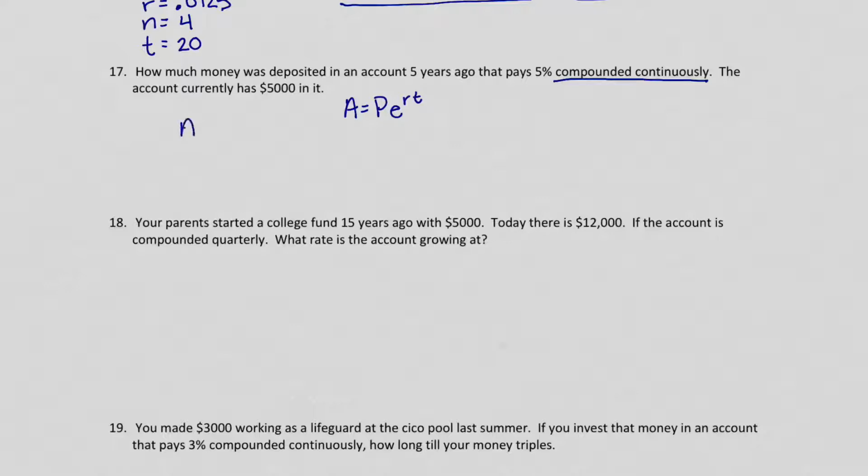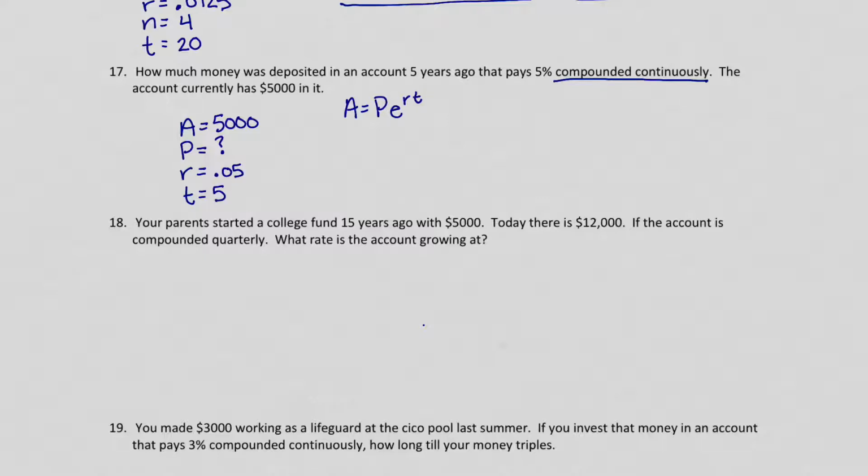I have the variables A, P, R, and T. A is the amount in it after however many years. It tells us currently, which is now, after so many years, it has 5,000. P is the initial amount, and this says, how much was deposited? Well, we don't know that, so that's what we're finding. The rate is 5%. We need to move the decimal 2 places to the left to get it as a decimal. And our time is 5 years.